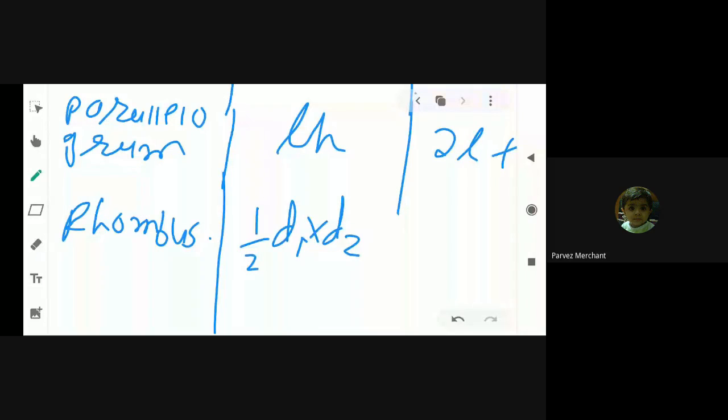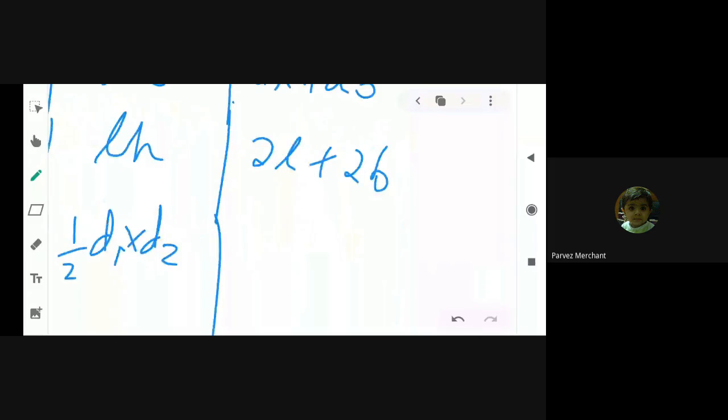And you know very well, in rhombus all sides are equal, it means perimeter is 4a. Okay? Yes, sir. Very good.